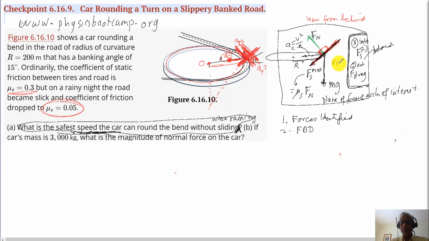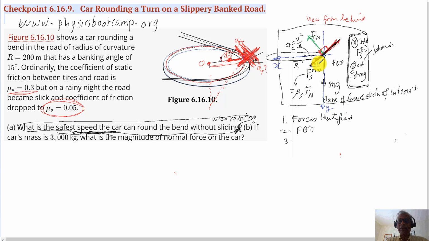This is a free body diagram, and then we can pick axes so that the equations can be easy to obtain. And I'm going to try to use an interesting axis. We're going to try this direction as the x-axis, and this direction as the y-axis, just for having something different.